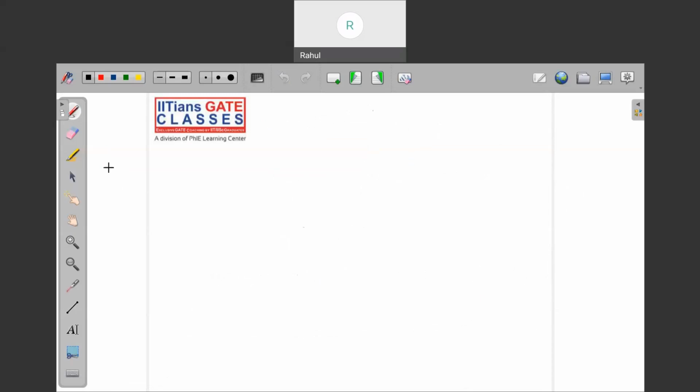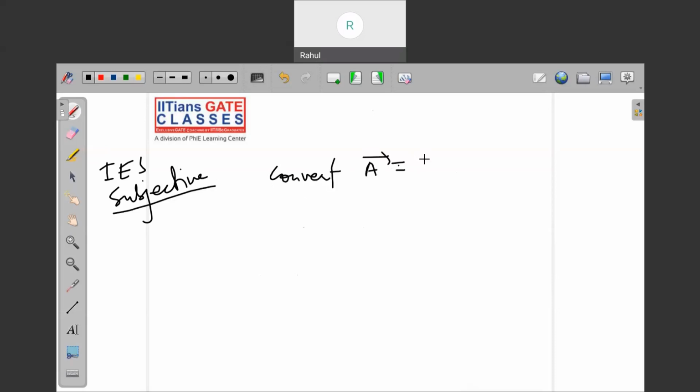One of the questions asked in the IES subjective paper, I'm just giving you. The question was: convert vector A equal to 1 by rho, a rho cap, into Cartesian at P(1,1,1).